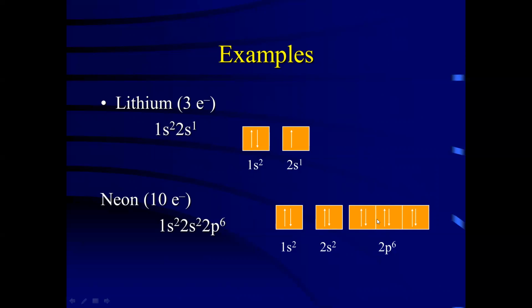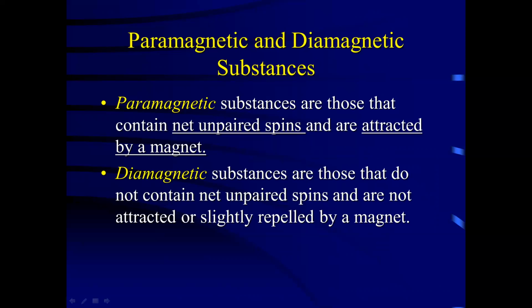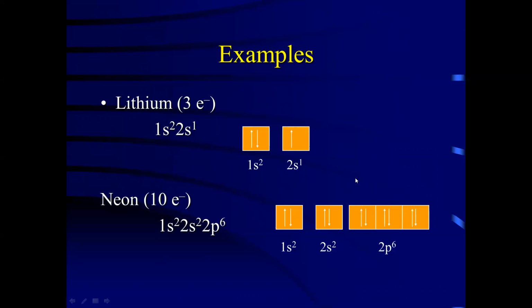That means they all cancel out. If they cancel out, that one cannot be attracted by a magnet. Okay, let's come back to the definition. So this we call paramagnetic, and this is diamagnetic.